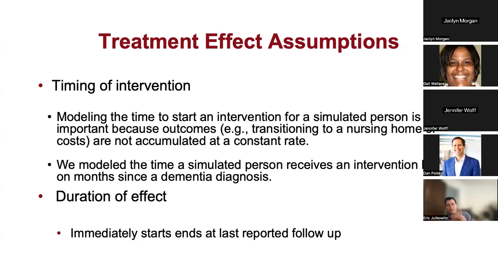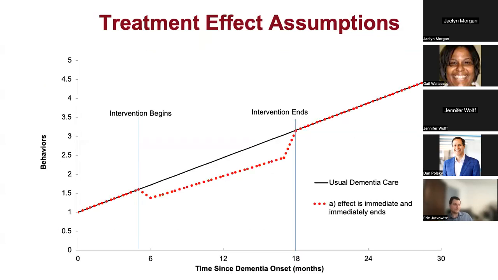And so that means we try to match either the time since dementia onset, if it's reported in the source trial, or the baseline clinical features as reported in the source trial. Most source trials have reported, for example, MMSE score. And so we'll model an incident population until they reach the same MMSE score as reported in one of the interventions we're modeling. And we'll say, among that group of people in our simulation that are still alive, then you're eligible to receive the intervention effect.